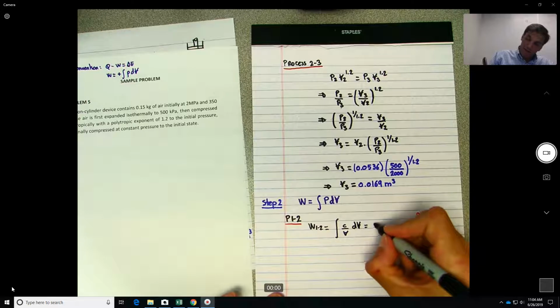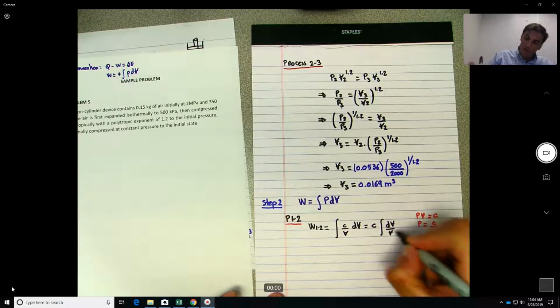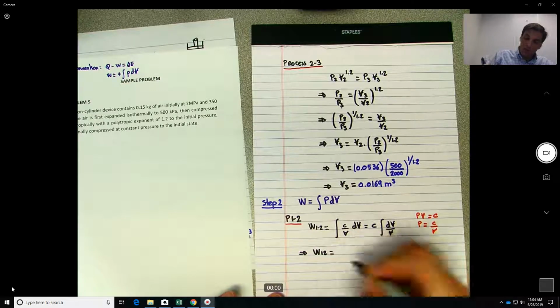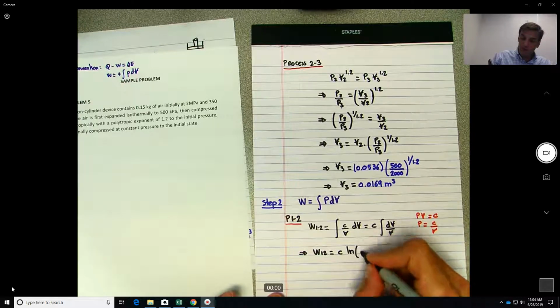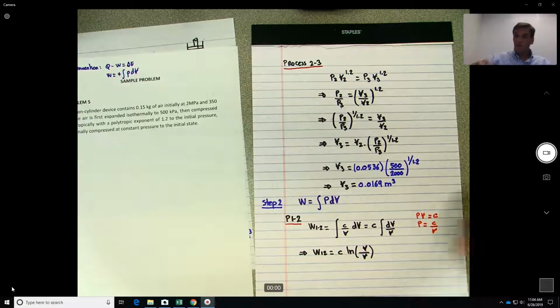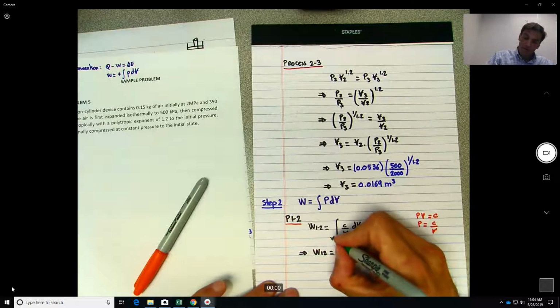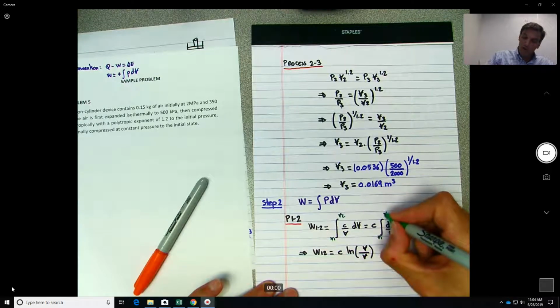So that gives C dV over V, which will be work 1-2 equal to C log, and now we'll put the values. We should have here V1, V2.